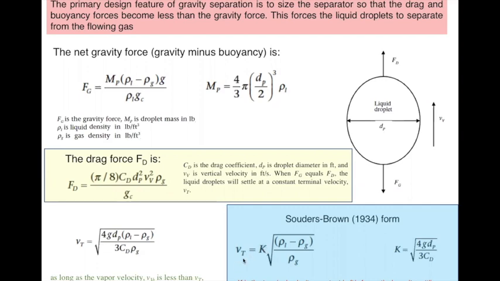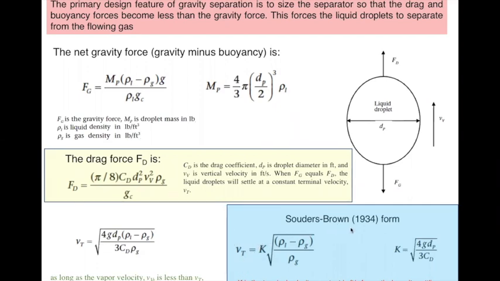So you see this Vt is nothing but the terminal velocity, and this k is called the terminal velocity constant in feet per second for vertical gravity settling, right? Once all these forces are balanced, you get the terminal velocity, and k is the terminal constant. This equation we have seen earlier also.